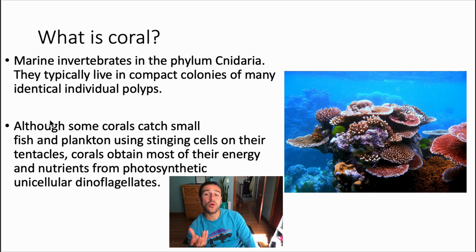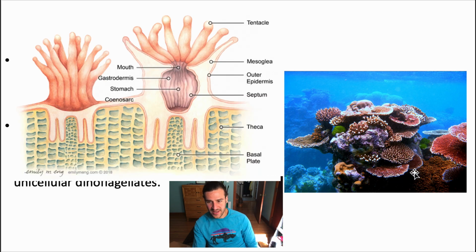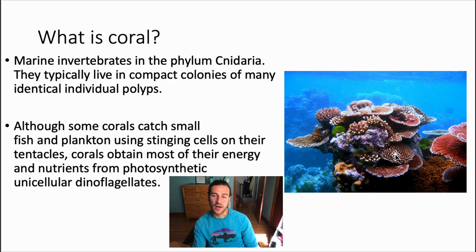And coral are these tiny little animals, and they live in these large colonies of genetically identical polyps. So when you see this, right, this is obviously a different species of coral. If you were to actually zoom in, this colony is going to be made up of hundreds of thousands of tiny little animals that are going to be relatively identical.